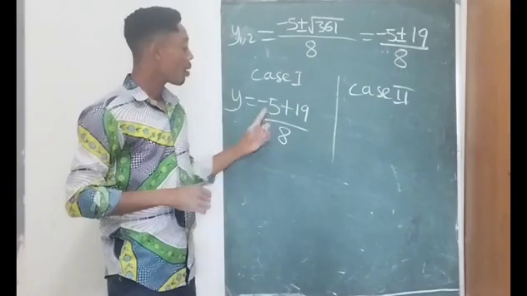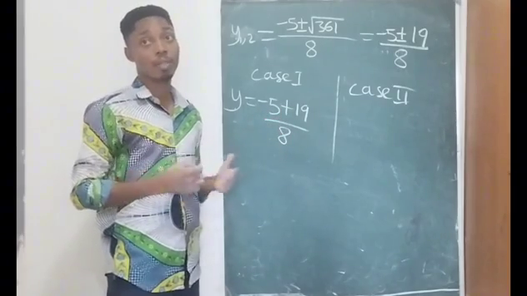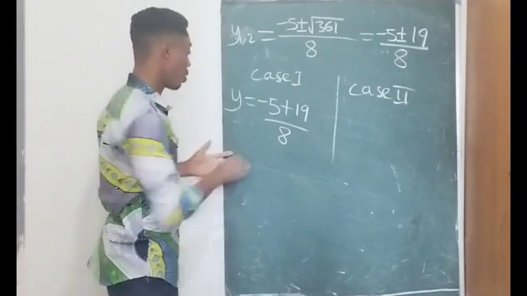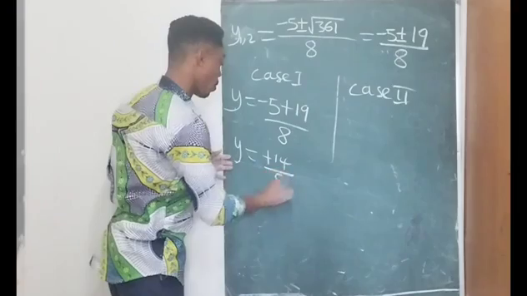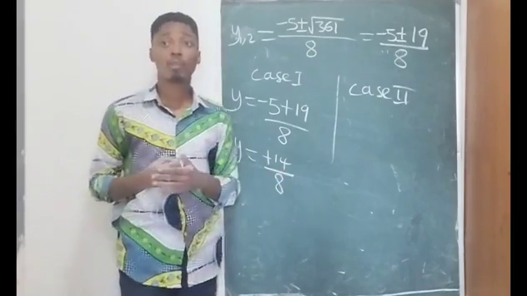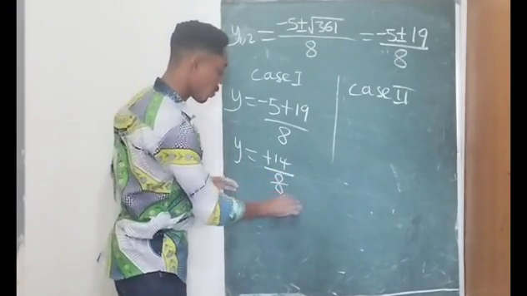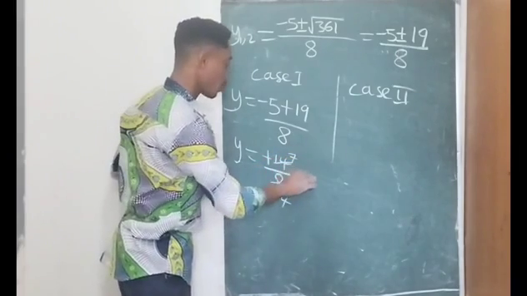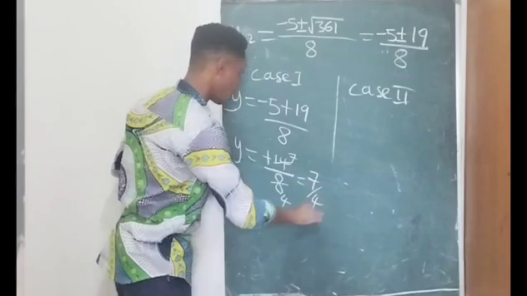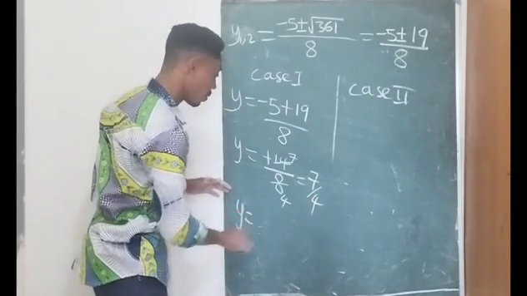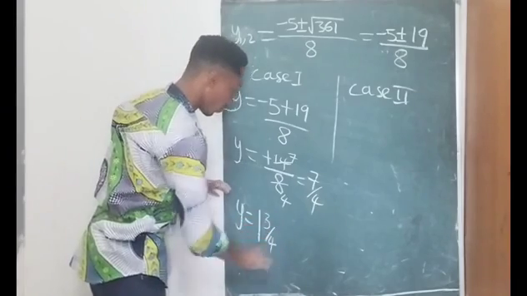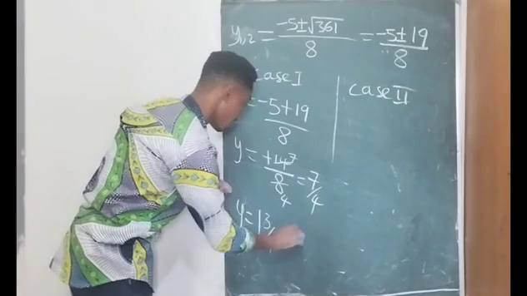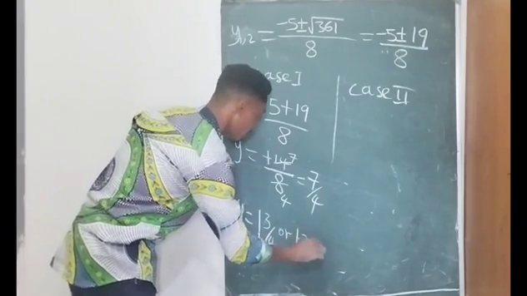Minus 5 plus 19 gives us plus 14. So y equals 14 over 8. 2 goes into 14 seven times and into 8 four times, so we have 7 over 4, or you can say y equals 1 and 3 over 4, which is 1.75.